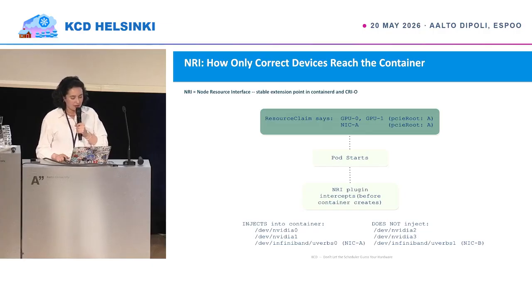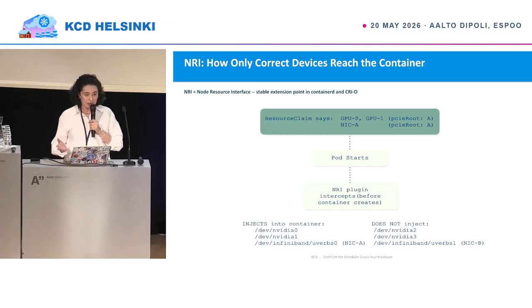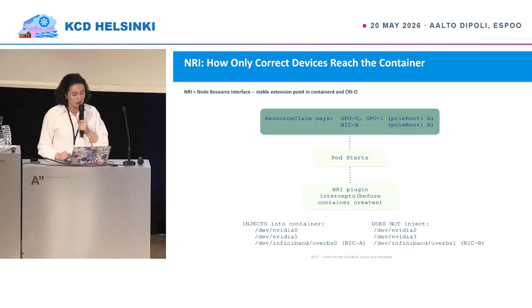One last thing here: now we know how Kubernetes, or the scheduler, selects the devices. Now, how do the correct devices end up inside the container? The answer here is NRI, the Node Resource Interface.